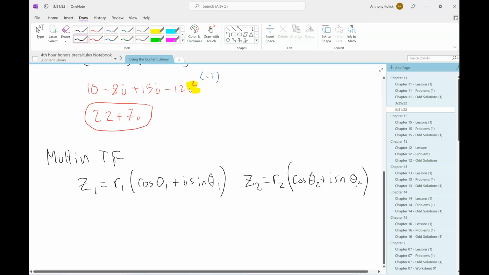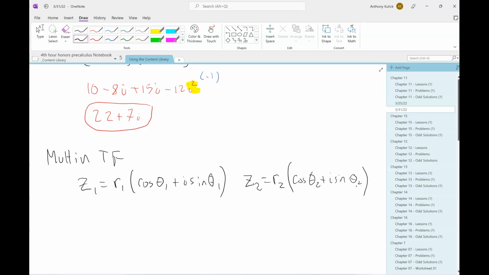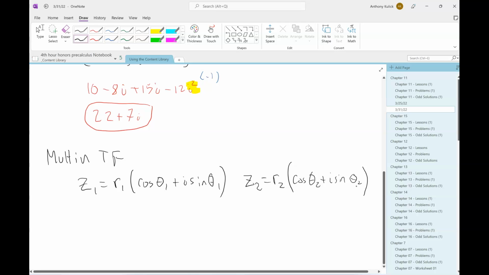Where Z1 is R1 times cosine theta 1 plus i sine theta 1, and Z2 is R2 times cosine theta 2 plus i times sine theta 2.